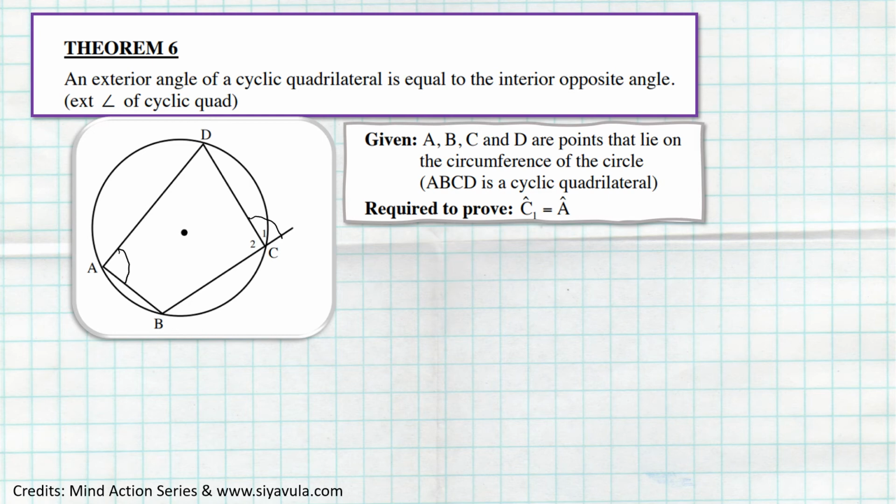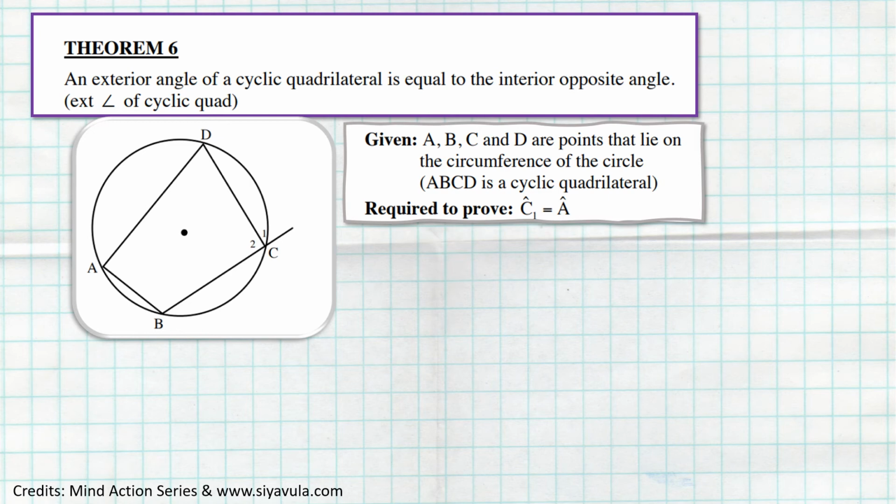So theorem 6 states that an exterior angle of a cyclic quadrilateral is equal to the interior opposite angle, right? That's your theorem about cyclic quads. It's theorem number 6. Okay, let's quickly prove this.